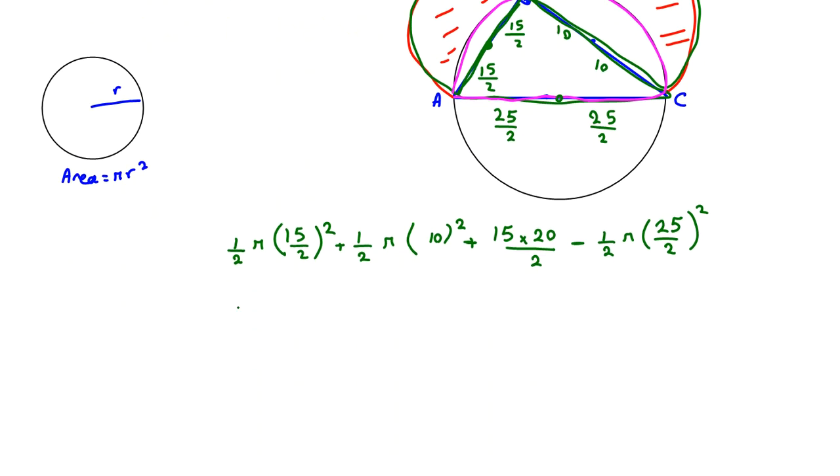Okay, so now let's calculate the area here. We can simplify. The first one is 15 squared is 225 pi over 4 times 2, 8, plus 100 pi over 2, which is 50 pi, plus 150, minus 625 pi over 4 times 2, 8.